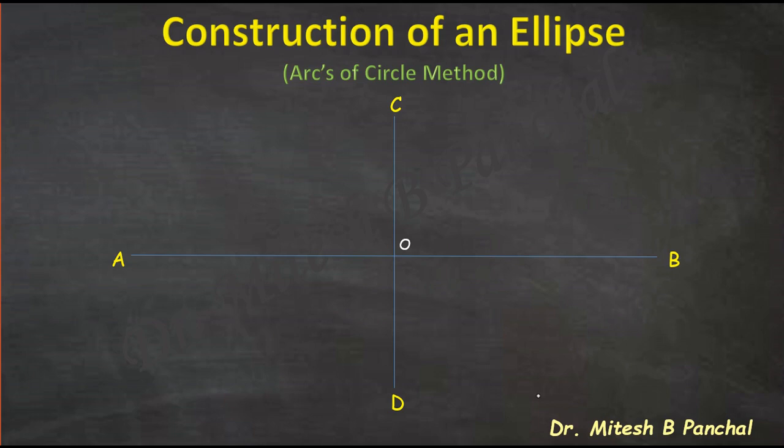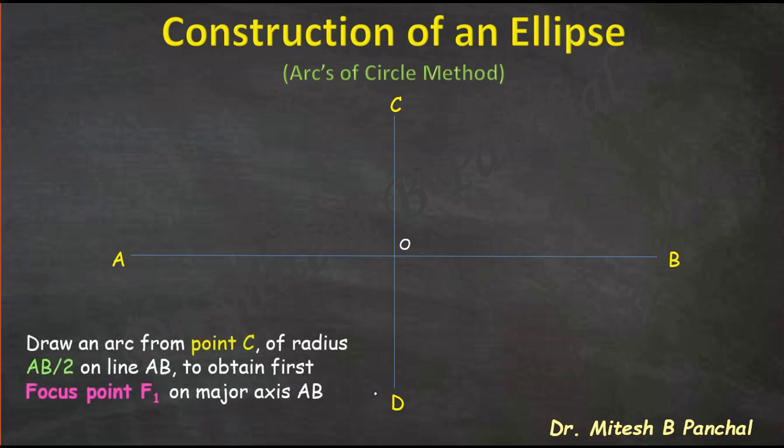Now we will move further for the construction of an ellipse. So draw an arc from point C of radius AB by 2 on line AB to obtain the first focus point F1 on major axis AB. So with C as a center, AB by 2 as a radius, we can draw an arc on line AB. So we can obtain the focus point F1.